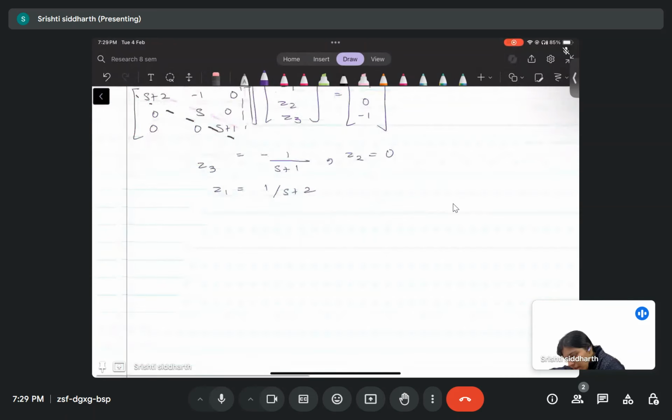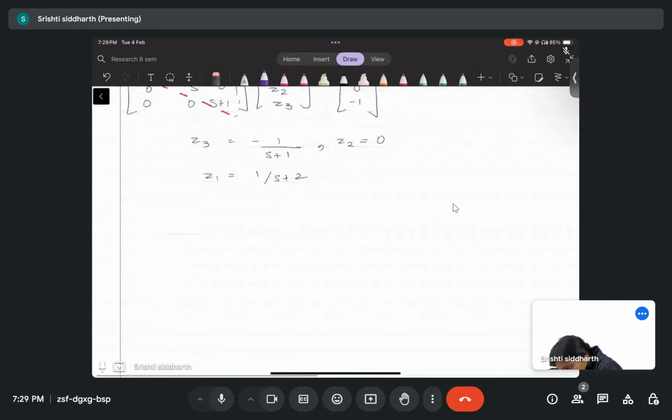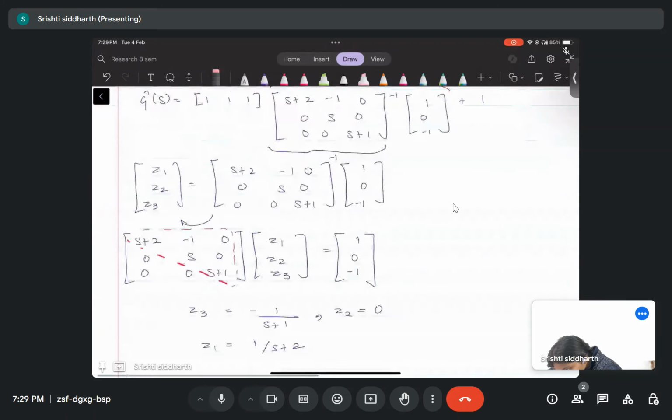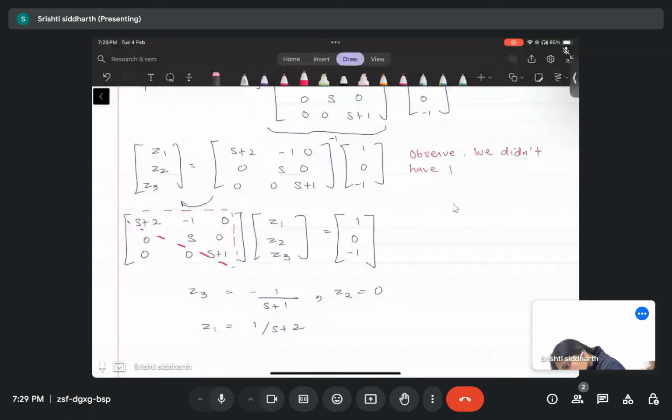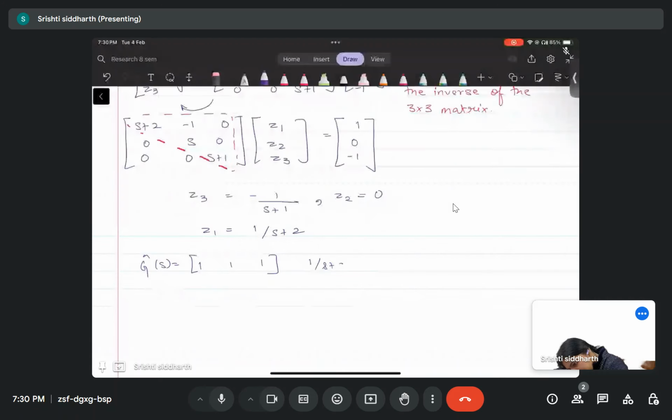Observe that we didn't really compute the inverse of the matrix. So now we have the transfer function G hat of s equals 1, 1, 1 times 1 over s plus 2, 0, minus 1 over s plus 1, plus 1.